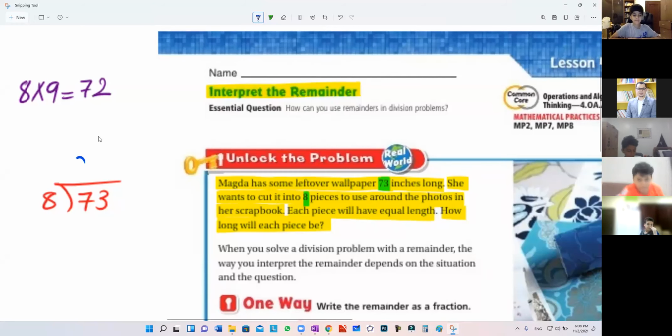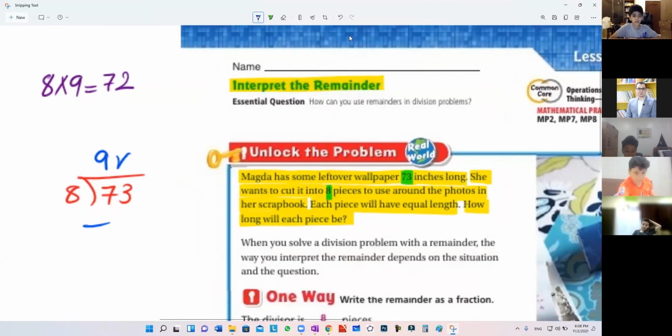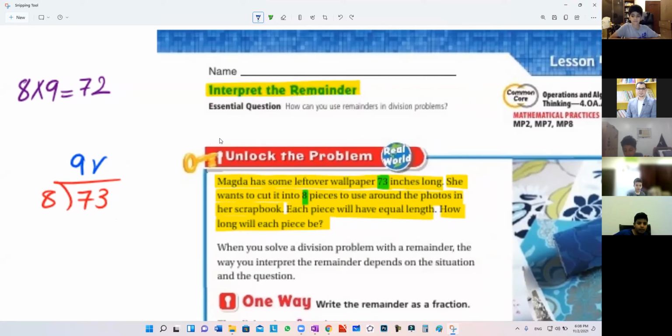So we're going to write 9 here. And what is the remainder? According to that, you have to subtract 72 from 73, right? So what is the remainder here? 1.